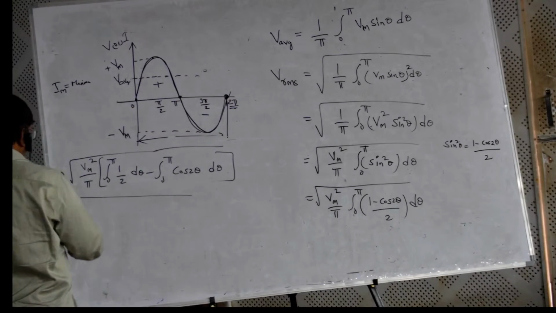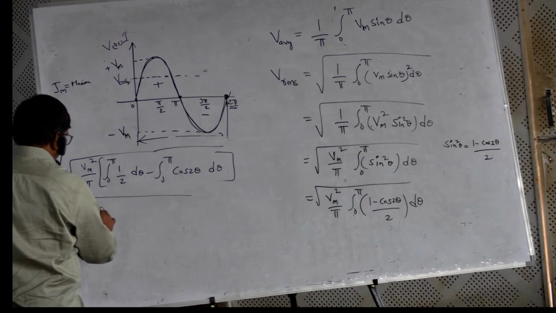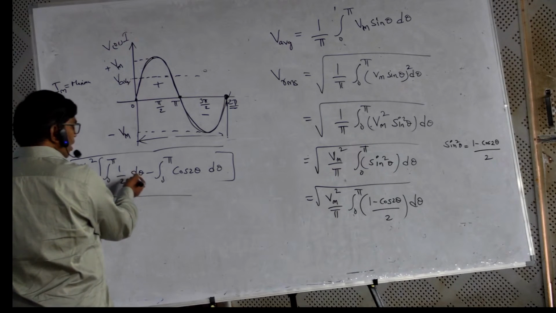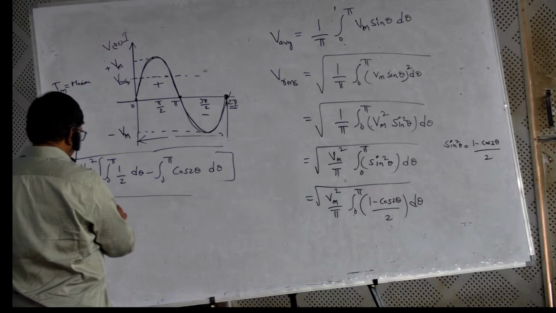Now Vm square by pi. If you apply integration here, what will it become?